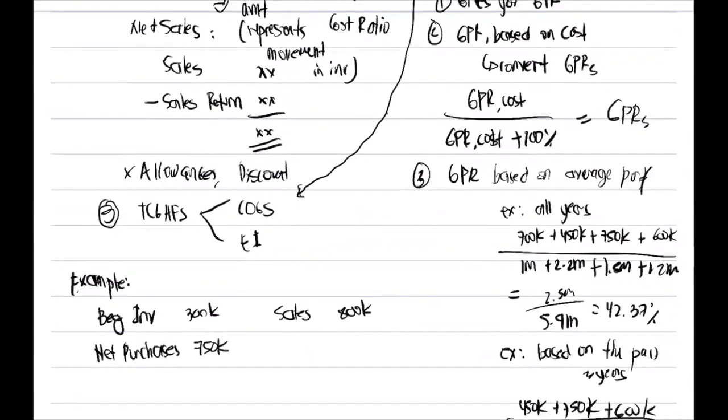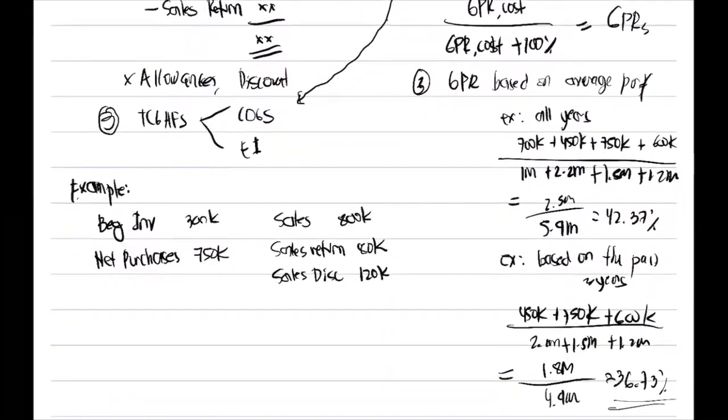We have sales return of 80,000. And then we also have sales discount amounting to 120,000. Okay. So our gross profit ratio, let's say, is 25%. Our gross profit ratio is 25%.